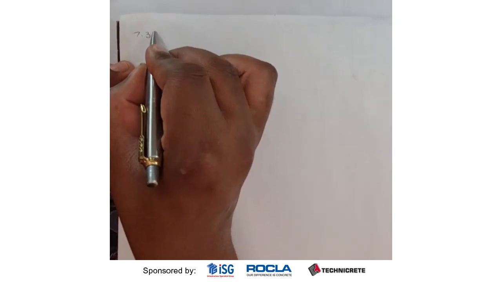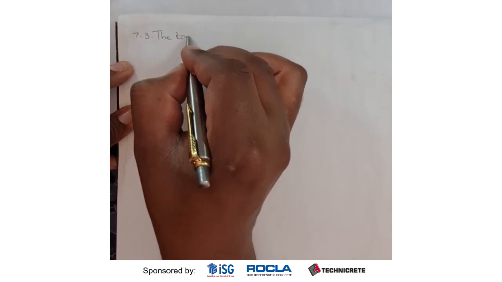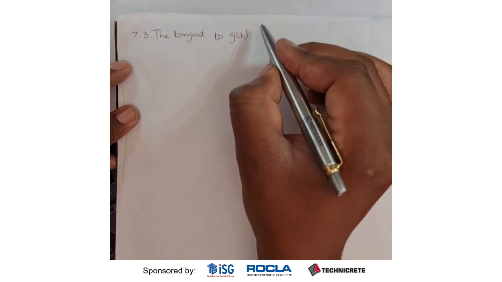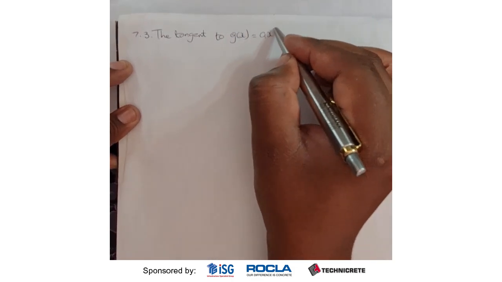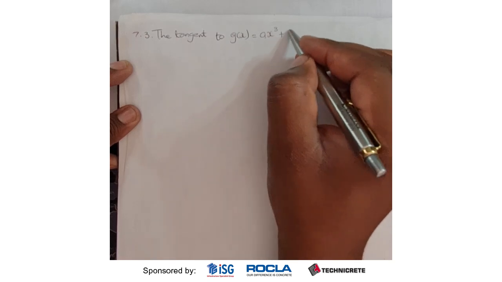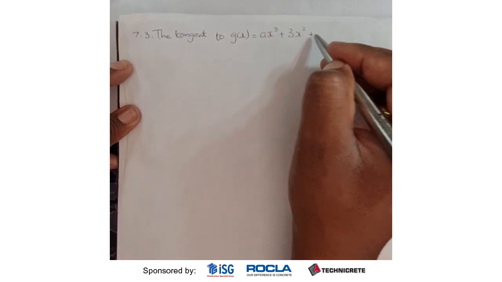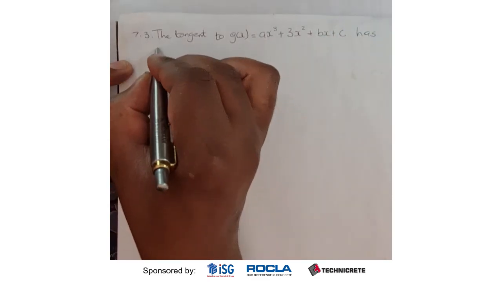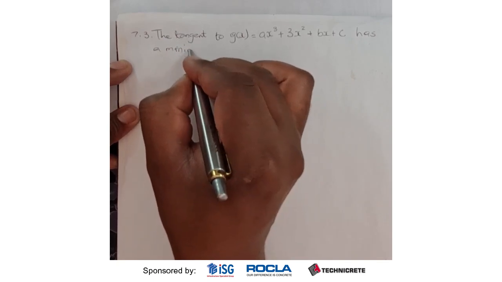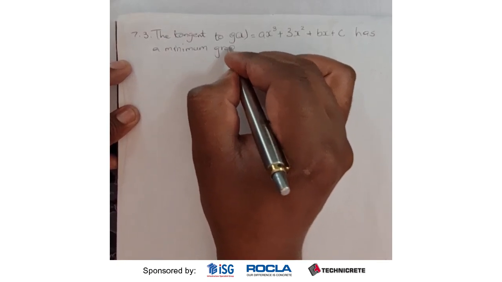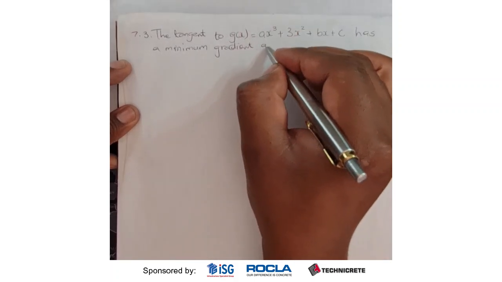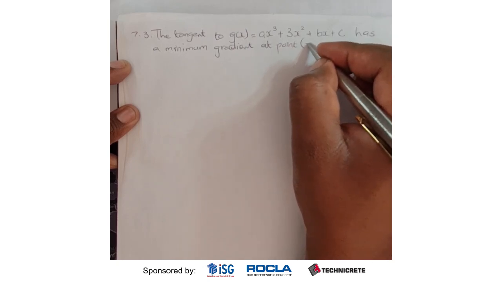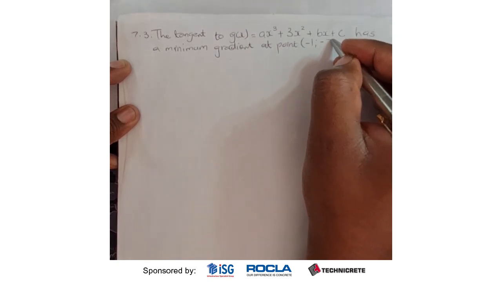They're telling us that the tangent to g of x equal to ax to the 3 plus 3x to the 2 plus bx plus c has a minimum gradient at this particular point, which is -1 and -7.